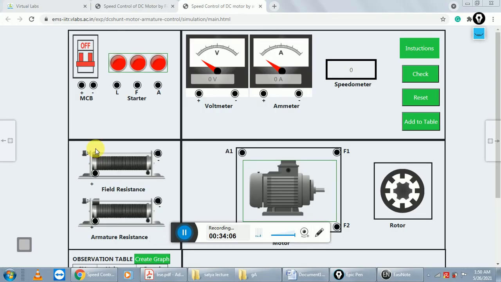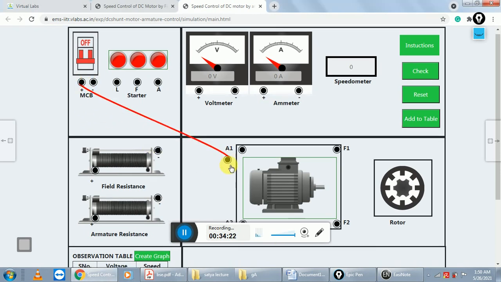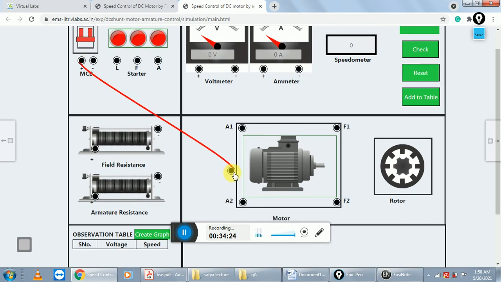Okay, let's start making the connections. First of all, connect the positive terminal of MCV to the negative terminal of the voltmeter.